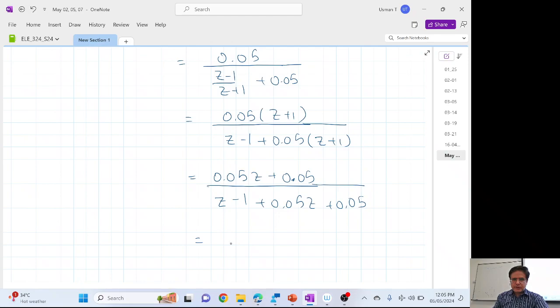This is just 0.05 z plus 0.05 over 1.05 z minus 0.95.